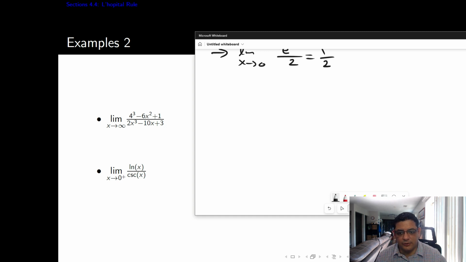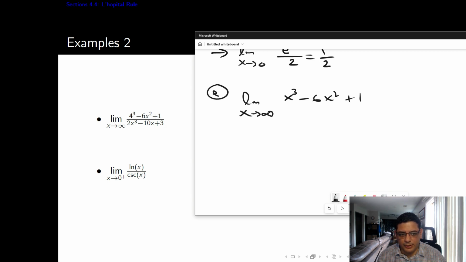So let me just showcase that. This is actually E here. This is the limit when x goes to infinity of x cubed minus 6x squared plus 1 over 2x cubed minus 10x plus 3. This has a typo here; this is going to be an x.